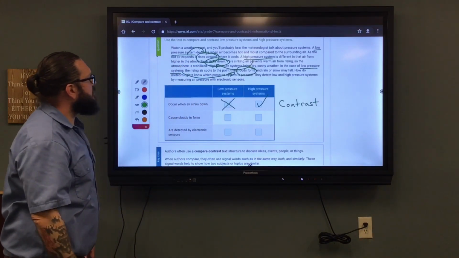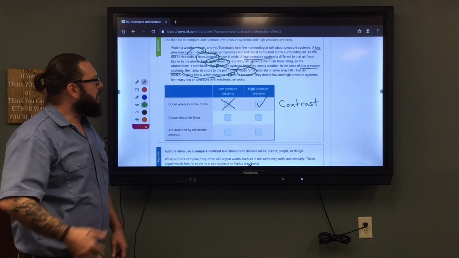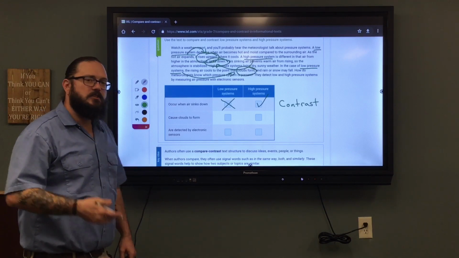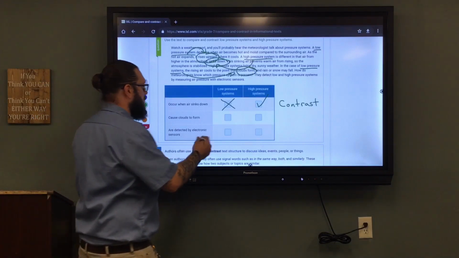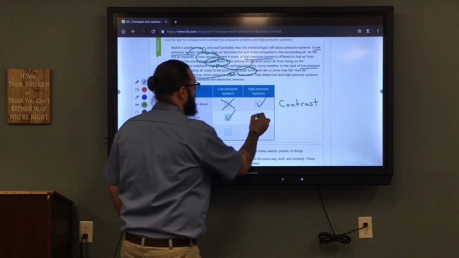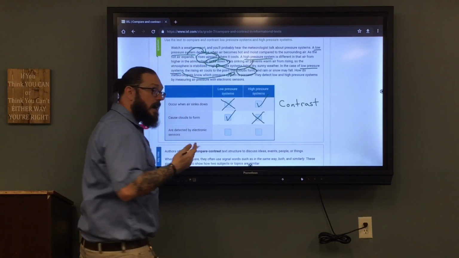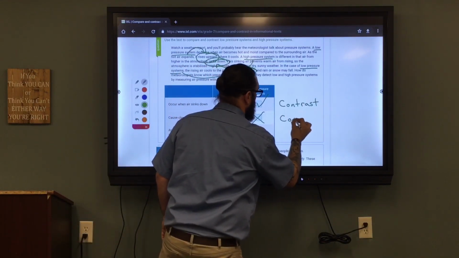High pressure systems bring dry, sunny weather. It doesn't mention anything about clouds. So we do not have any evidence to support that a high pressure system causes clouds to form. So in this case, this is describing low pressure systems, but not high pressure systems. So once again, the author is making a contrast.